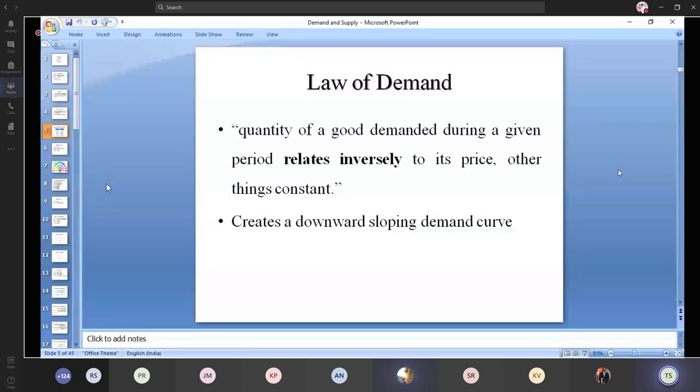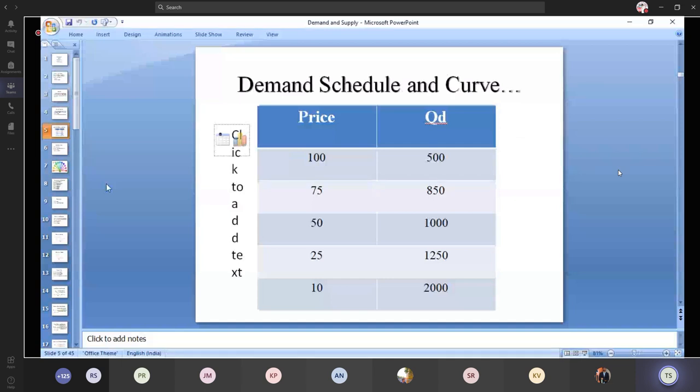So the next slide is about the demand schedule and the demand curve. This table is called the demand schedule, which shows the price and the quantity demanded. For example, if the price of a particular commodity is ₹100, the quantity demanded is 500 at that price.